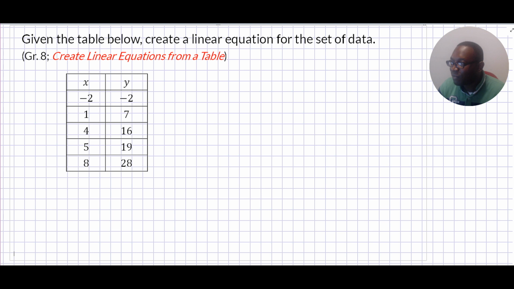So I have a table of values, and I'm looking to see how we can create a linear equation for this set of data. We're going to create a linear equation for the set of data that we have.